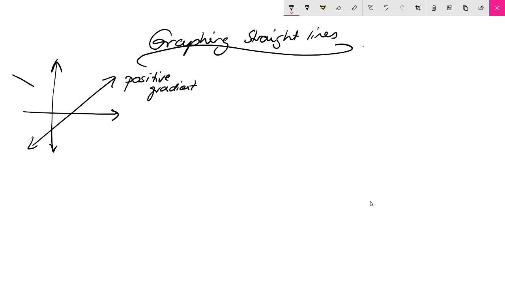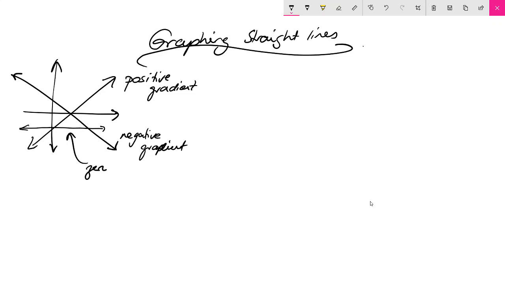And if a line is coming in the opposite direction, so downwards in a left to right direction, we call that a negative gradient. If a line is going straight across from left to right, so it's horizontal, we call that a zero gradient.